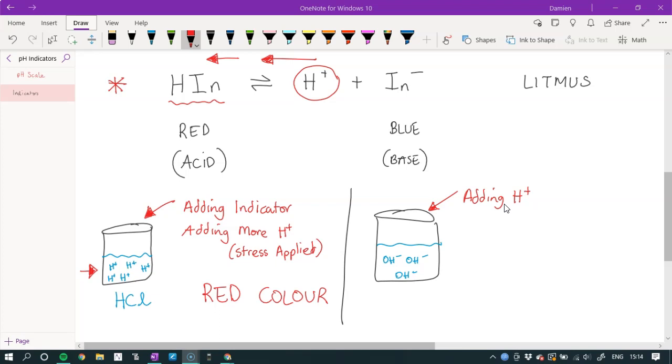So when you add the H pluses, you are going to increase the concentration of H pluses. In other words, the equation is going to move in this direction. And by increasing the amount of H pluses, you are also increasing the amount of IN minuses. And the IN minuses is a blue color.